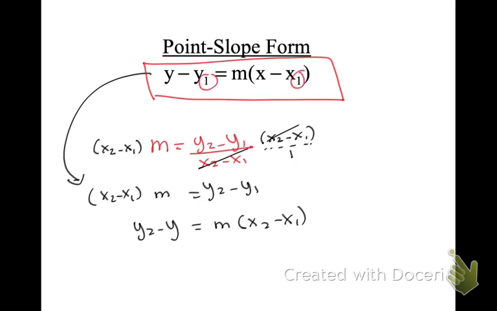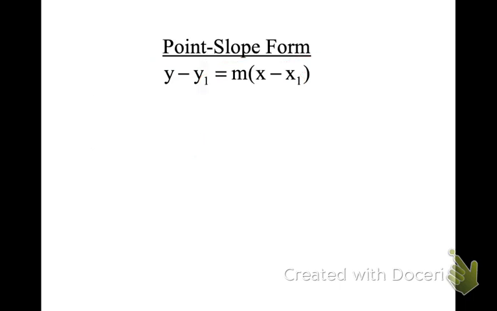Here they have 2, so I'm just going to use 1 point, and voila, we have the point-slope formula. So point-slope actually is derived from our slope formula. It's not just some random equation. It's got the y1, x1. And so I just wanted you to know that I'm not just having you memorize random formulas.